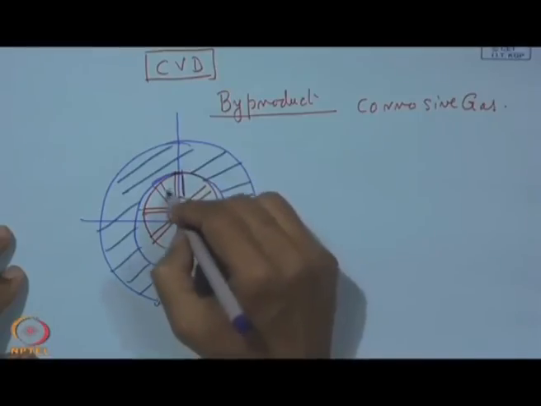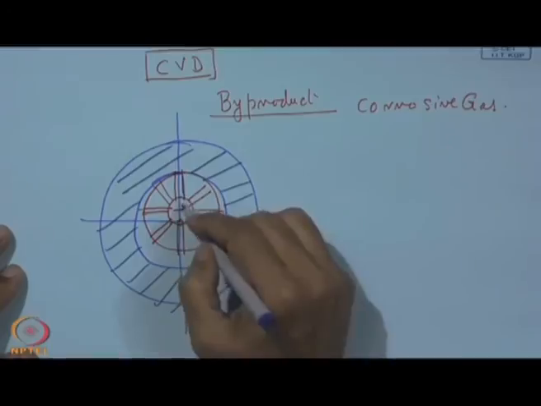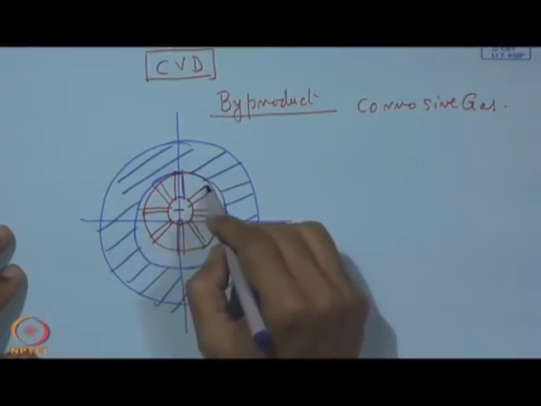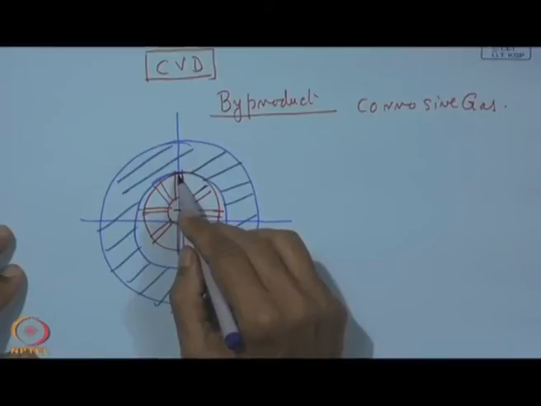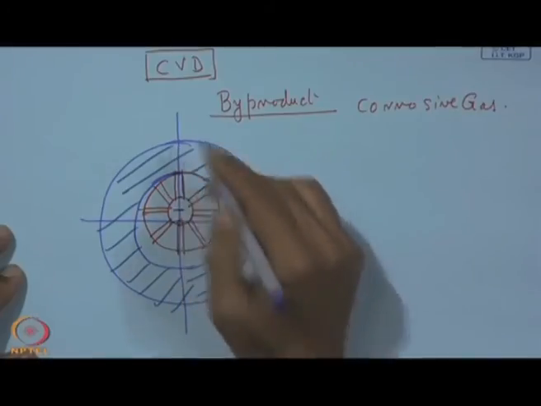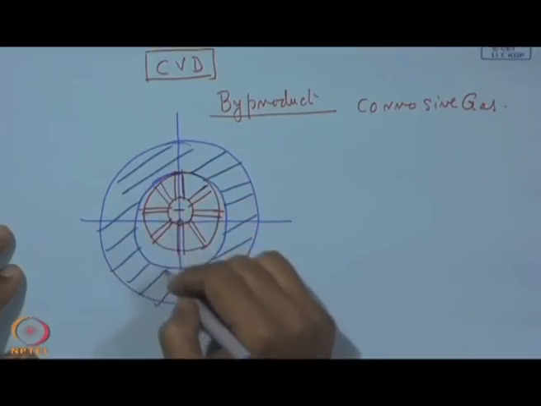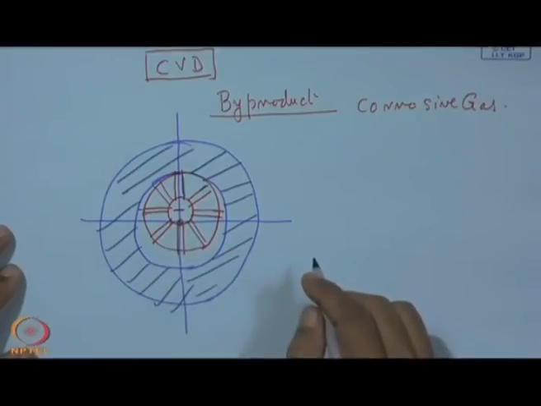So, what happens during this rotation, this impeller will throw this liquid, and by this centrifugal force it will be thrown towards the wall, and this will form a circle which is parallel to the axis of the stator. Now, what is going to happen in this case?